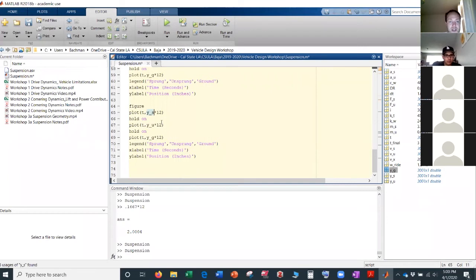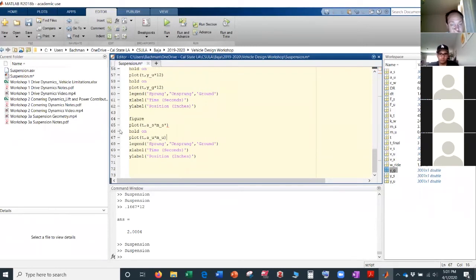So instead of the position, let's plot the acceleration times the mass. Let's do the same thing here: A unsprung times mass unsprung.